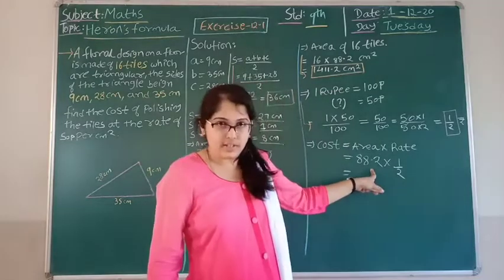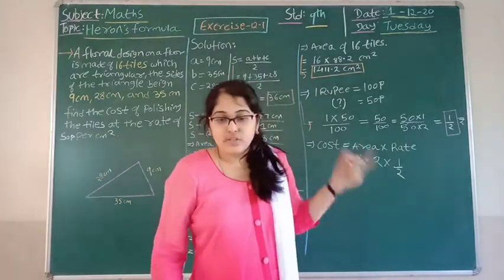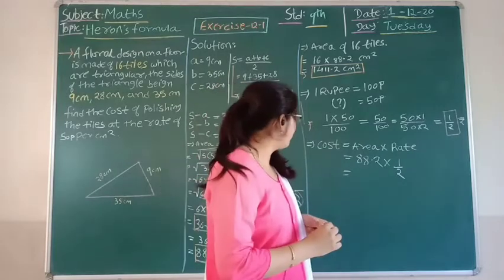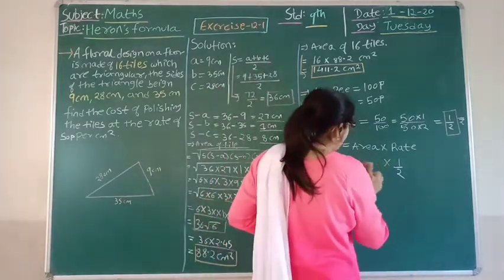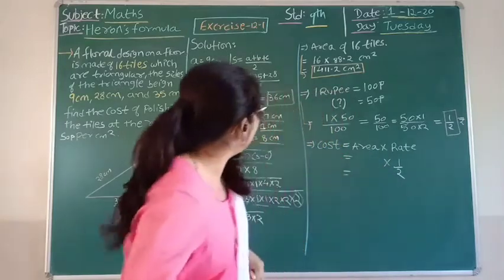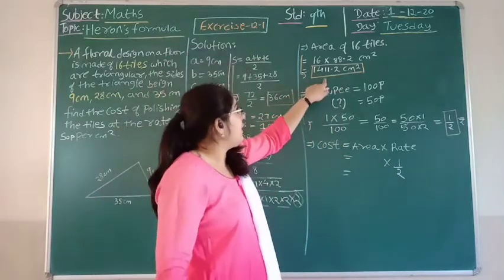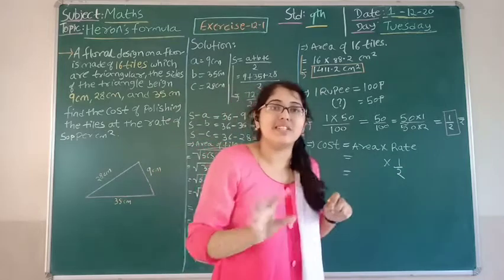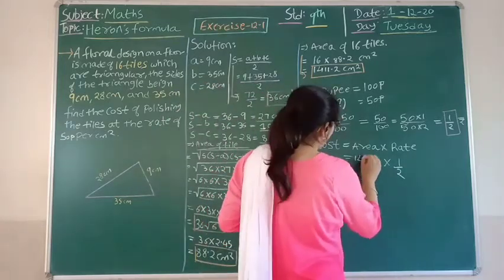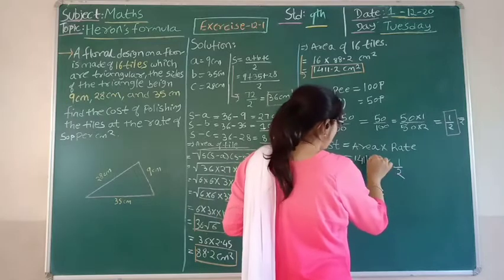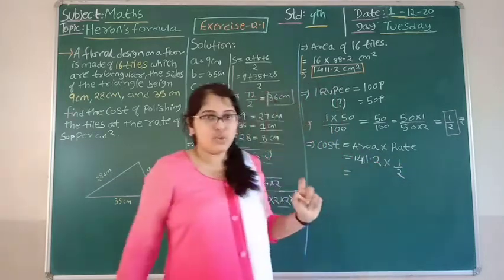Dividing this by it, what answer will we get? The area will be this. It is the area of all 16 tiles. It is 1,411.2. Yes. Now we will divide this by 2.